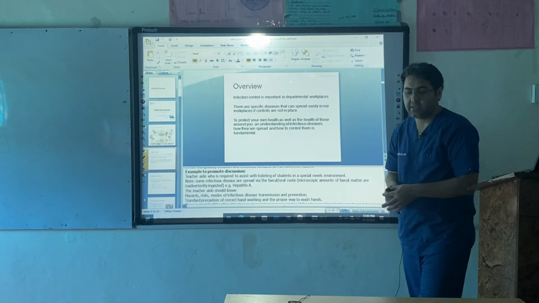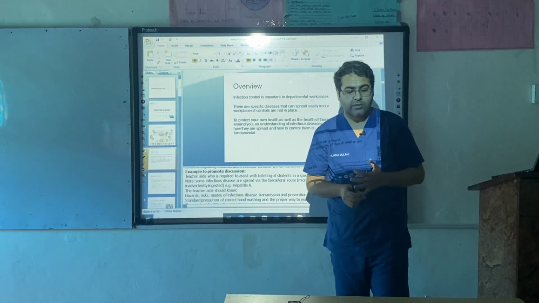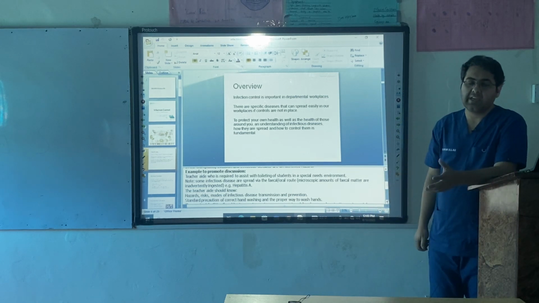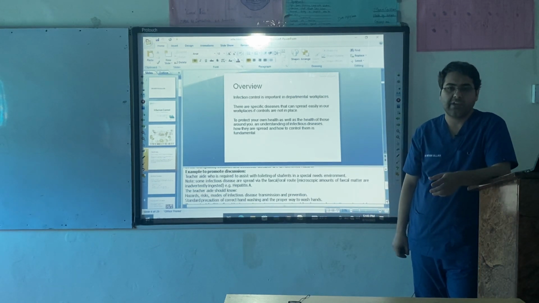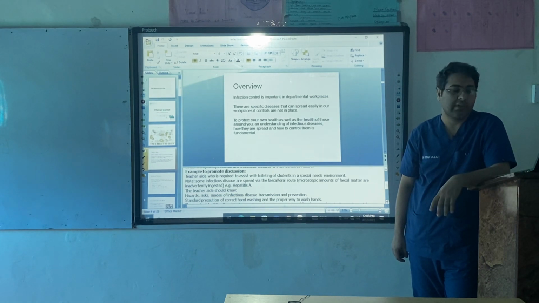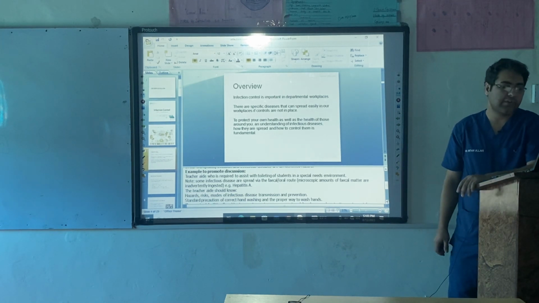Let me explain: if in a school the students are using the toilets and there is no hand hygiene or proper hand washing after using the toilet, there are chances of getting an infection such as hepatitis A. So this is a fecal-oral route.